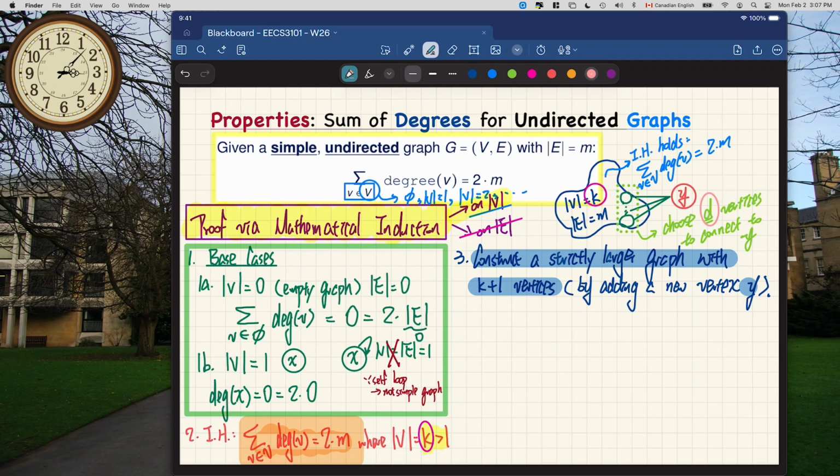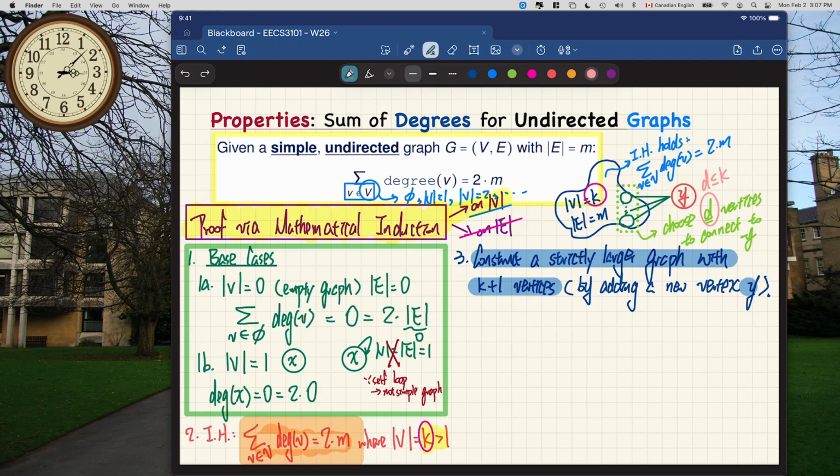Of course, it cannot be negative. So D here should be less than or equal to k. Okay, let's write it down, and we'll see. This one you can think of more like a sketch, to let you see the visual. But let's now write it down as part of the proof.